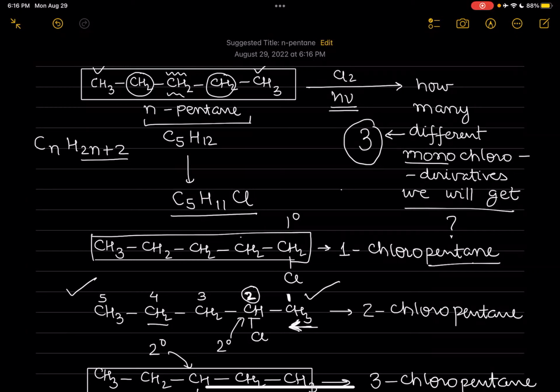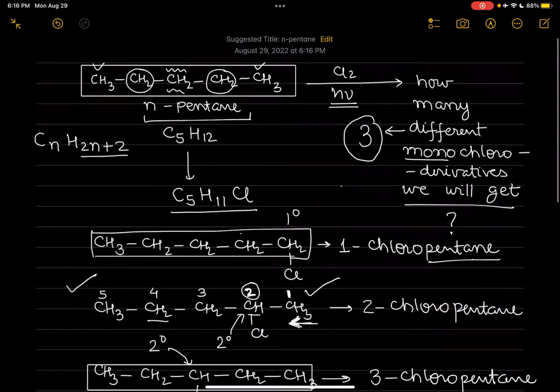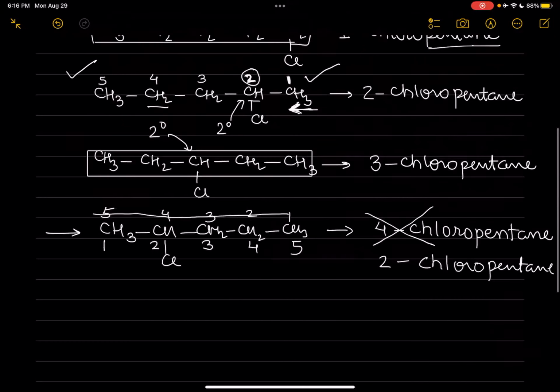Light actually helps to break the chlorine bond. If you just mix them, the reaction will not start. You need to heat, or put some UV light that will break the bond, and then the reaction will start.